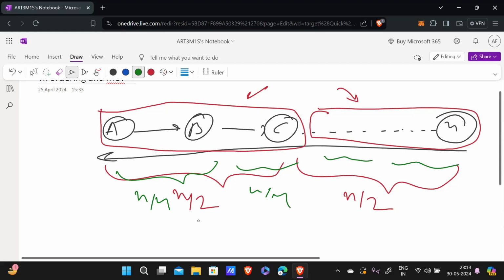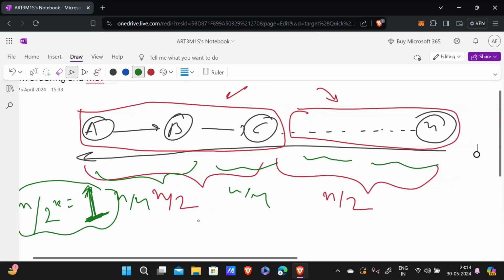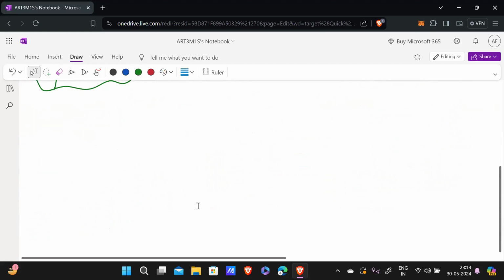So this goes on until n by 2 to the k becomes 1, which is the base level where the transaction is sorted by itself, and then it goes back and recursively computes the answer. So this is how it works.